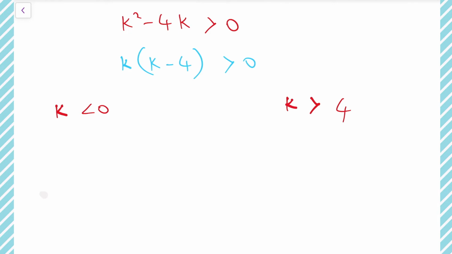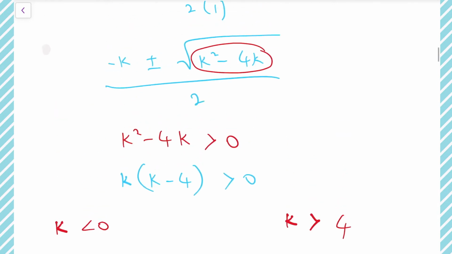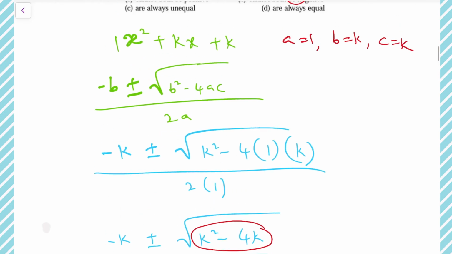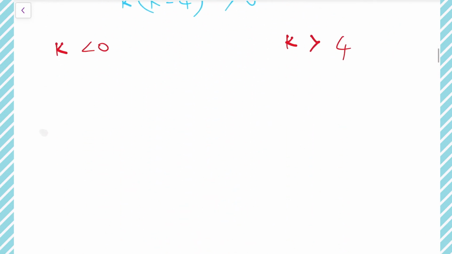Okay, now let us check first. If I take k is less than 0, I know the a value is 1 and b, c both are k. So the a value is 1, the b value is less than 0 and the c value is also less than 0.